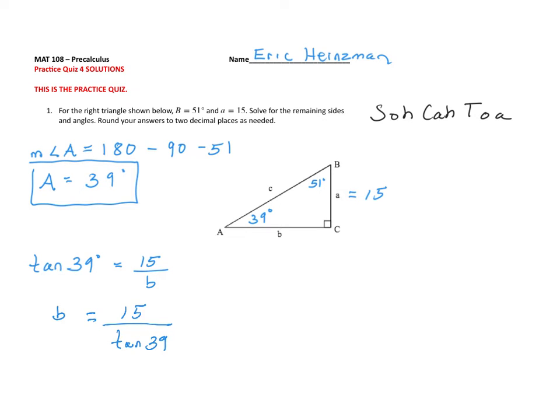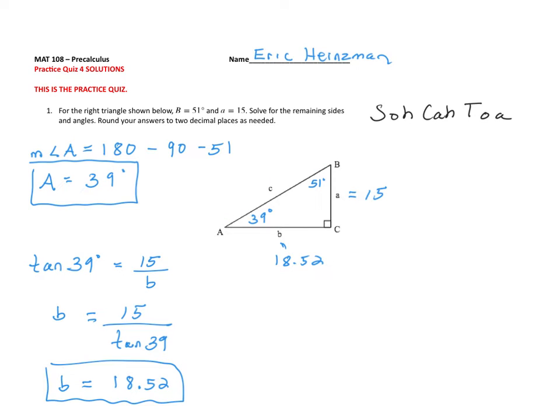I'm going to make sure it is in degree mode, which it is. Great. So that's 15 divided by tangent of 39. If I round to 2 decimal places, that is 18.52. So that is the length of this side here. That was 18.52.